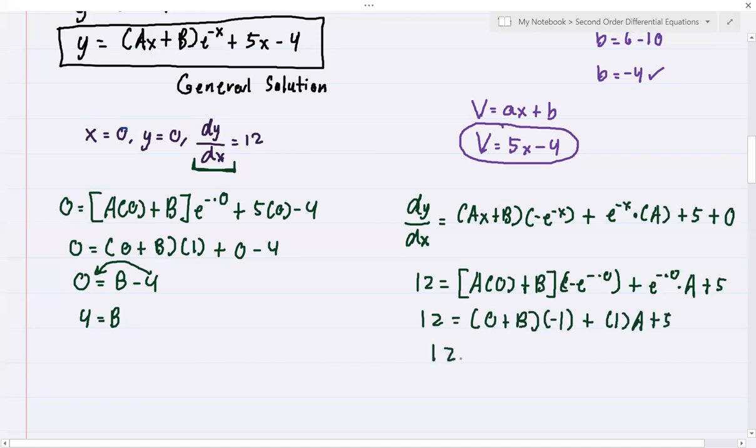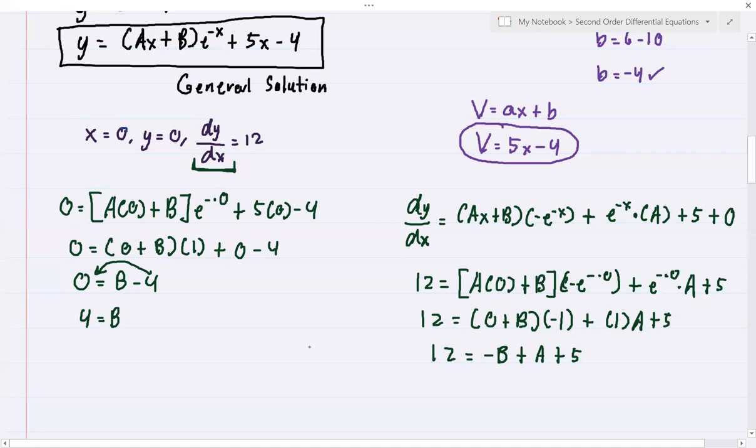So 12 is equal to b times negative 1, which is negative b, plus a plus 5.